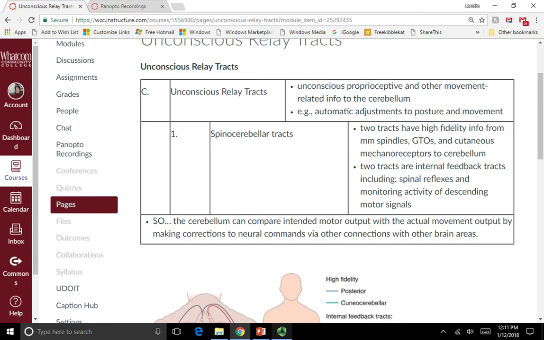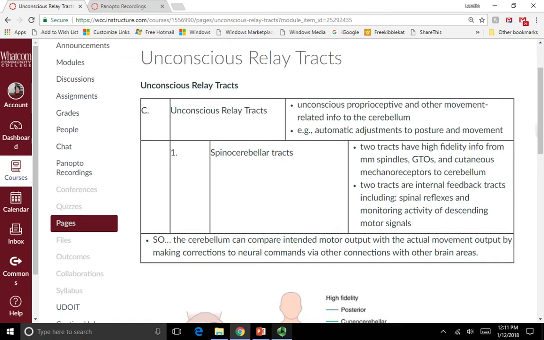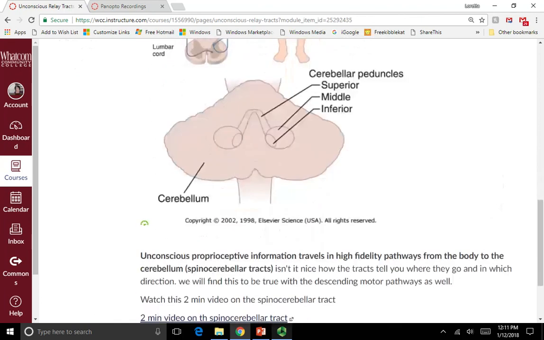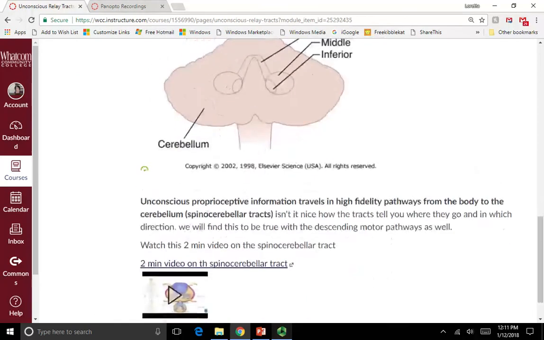So the cerebellum's job is to compare intended motor output with actual movement output and make little corrections to neural commands via other connections with other brain areas. So the cerebellum is constantly requiring this input of sensory information to modulate our posture and movement. So it's unconscious, it goes right to the cerebellum.